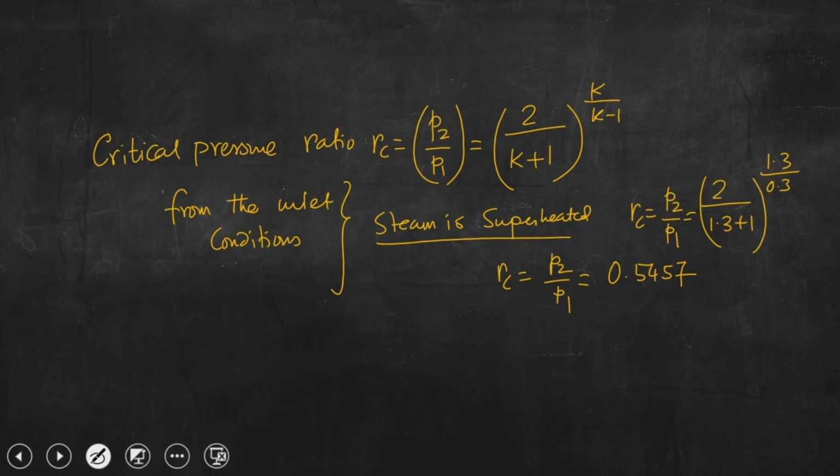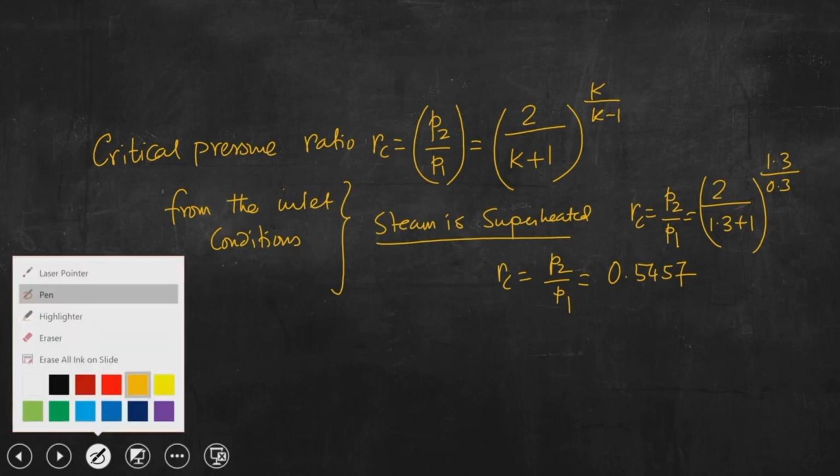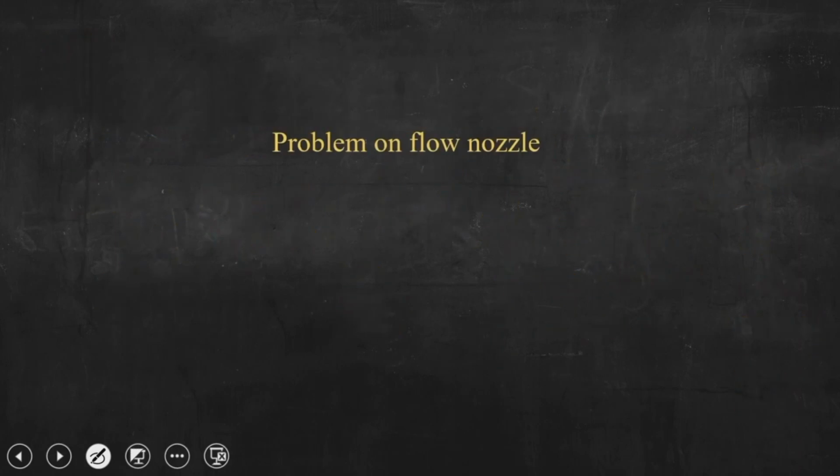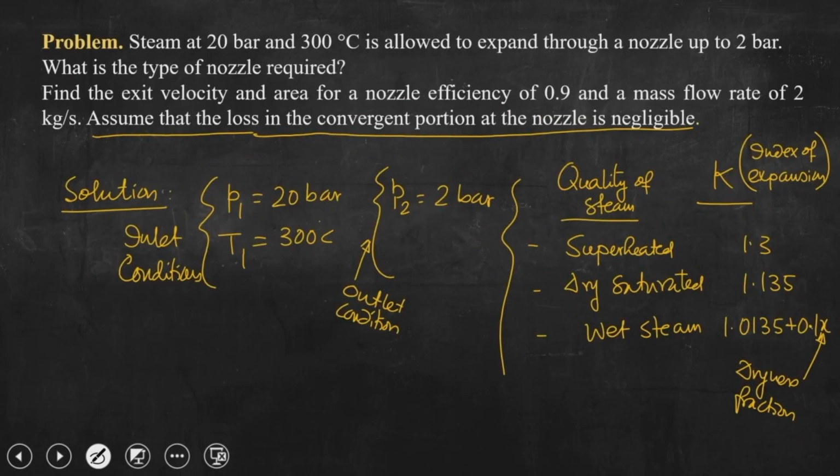Now, this is the critical pressure, right. If we go back to the previous slide, here we should not write P2 because this P2 is not the pressure at the exit.